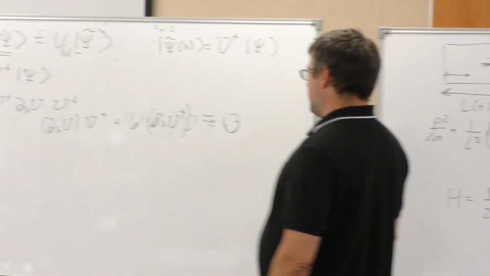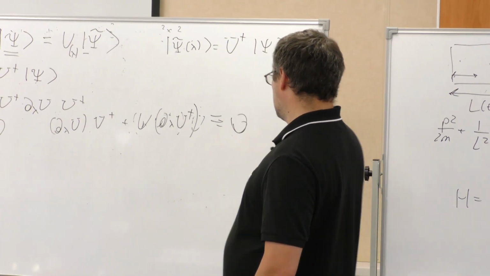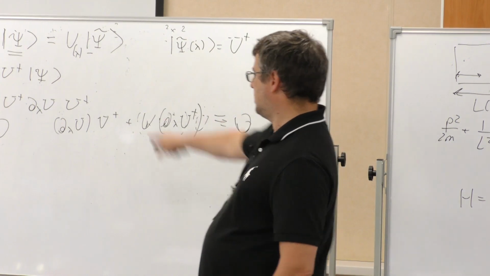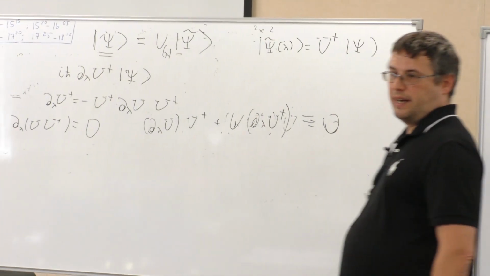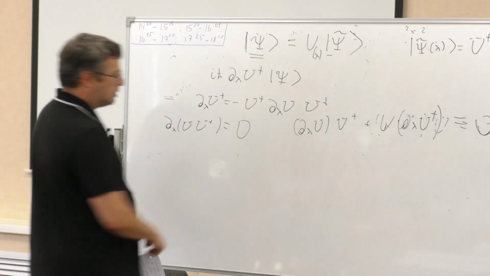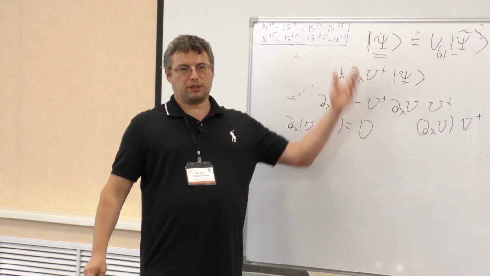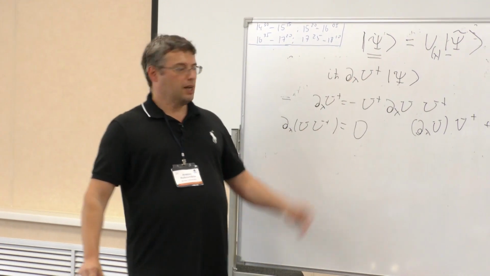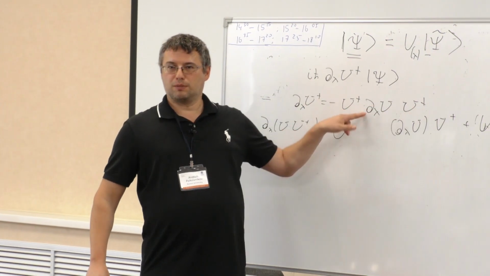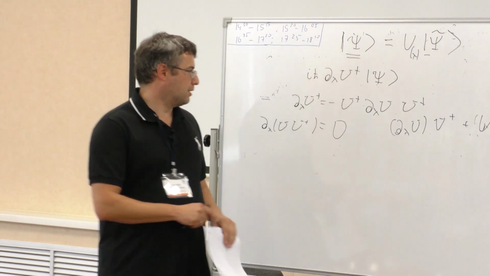Now you can multiply both parts by U dagger on the right, and then you get the identity on top. It's in some sense very simple, because U dagger is U inverse. When you differentiate 1 over x, you get minus 1 over x squared times the derivative of x. But because these are operators, you put 1 over x in front and 1 over x in the back. Okay, good.